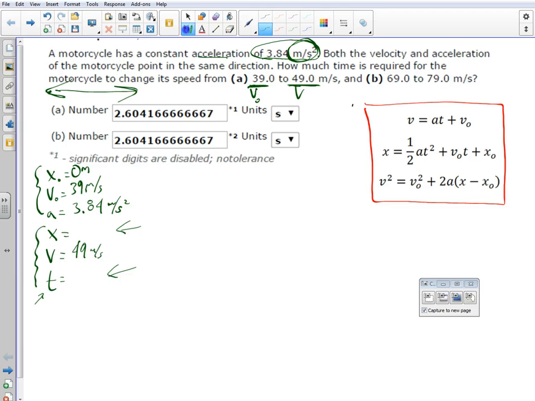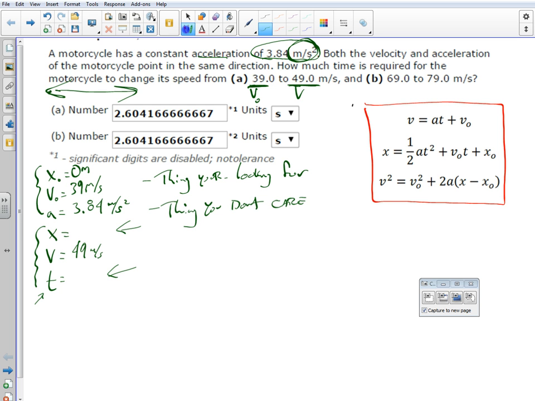This is important. You're generally going to get it down to 2 things that are missing. One of them is the thing you're looking for. And the other one is going to be the thing you don't care about at all. They're not asking you for it. They don't give it to you.